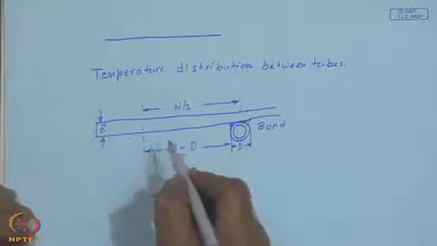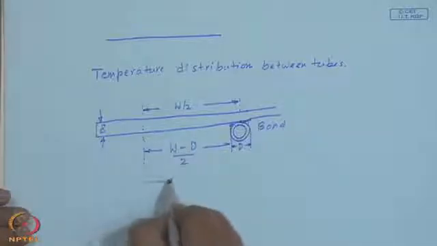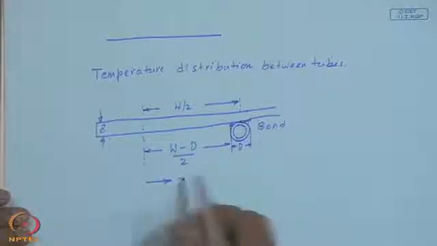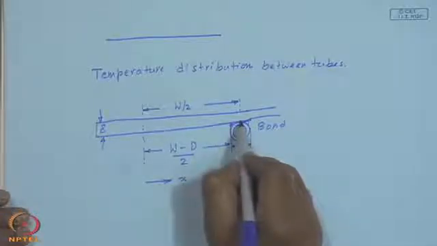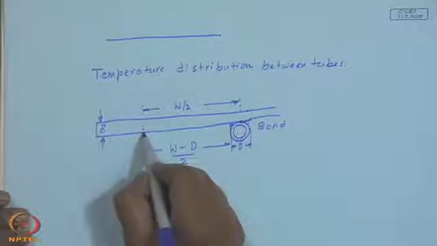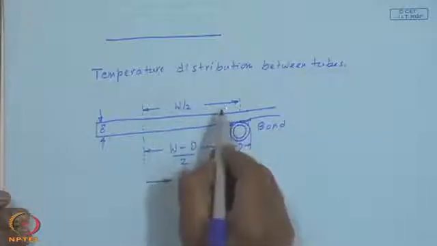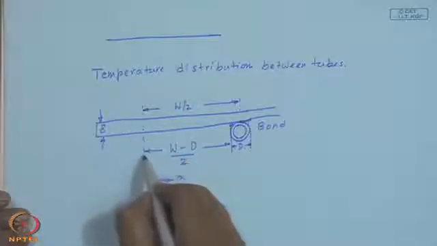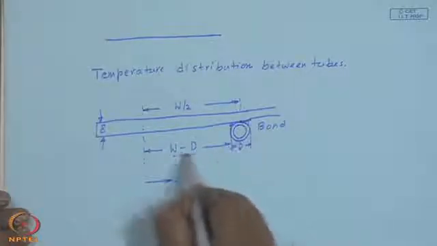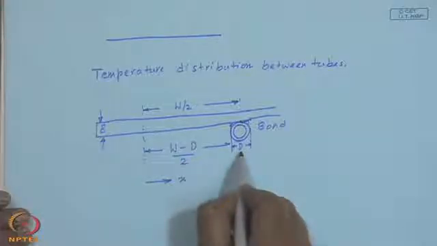So, let us see, this is my x. So, the center of the tube to the symmetric plane is W by 2. The distance between the symmetric plane and the beginning of the tube is hence W minus D by 2, if capital D is the diameter.